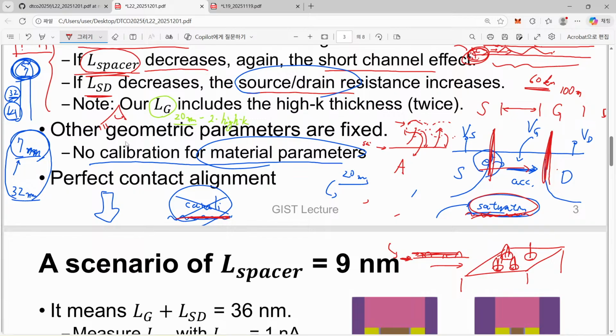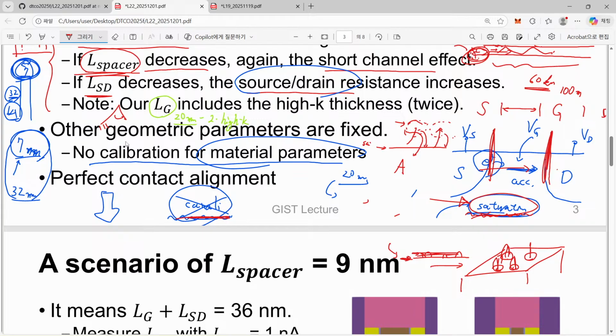The best thing we can do is just to calibrate this saturation velocity parameter according to the different structures. For this structure, we apply slightly higher saturation velocity. For even shorter devices, we can apply even higher saturation velocity.